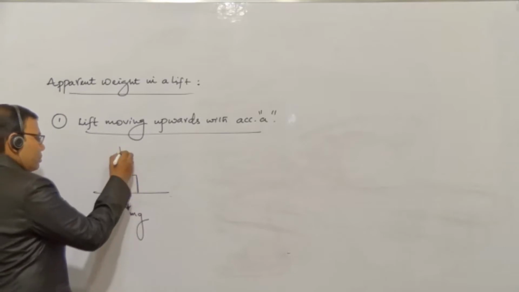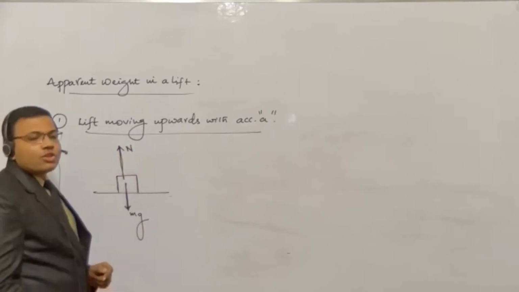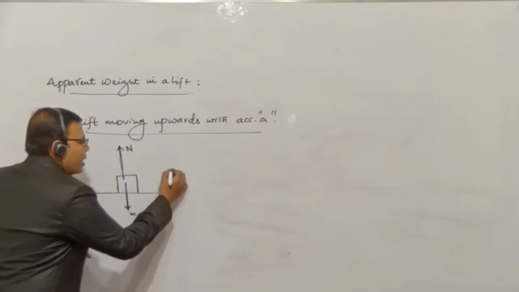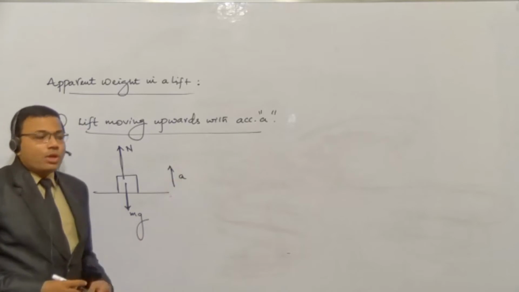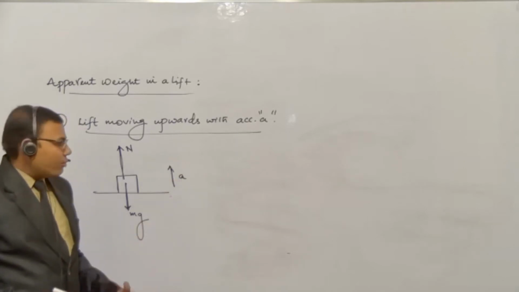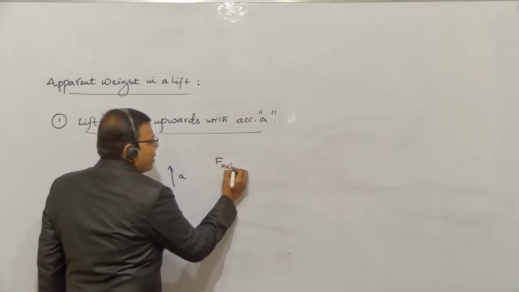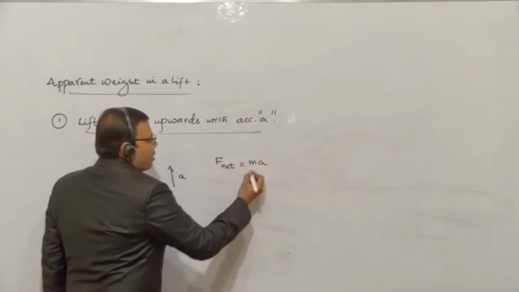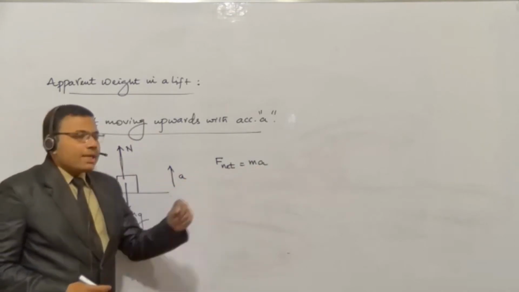The normal reaction will be upward, and the lift is moving with some acceleration a. Under this situation, by Newton's second law, F net is equal to ma.